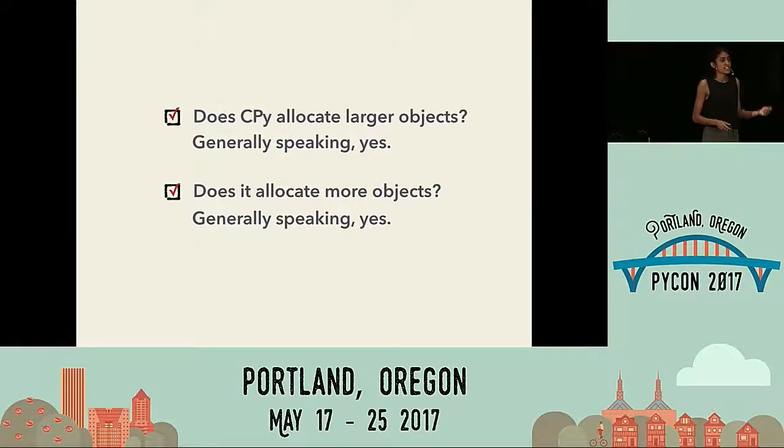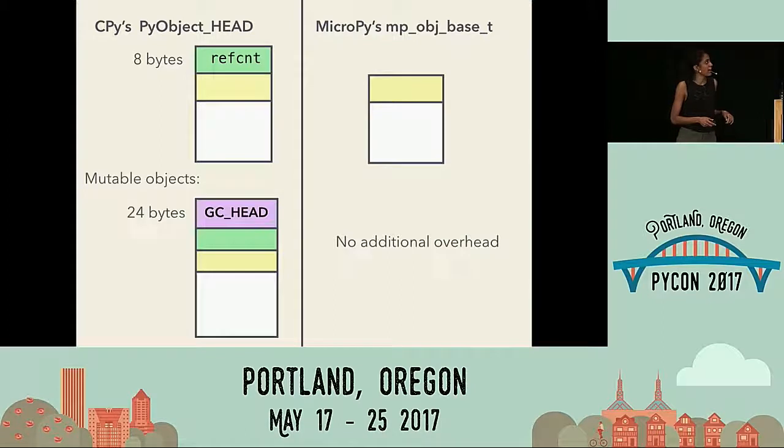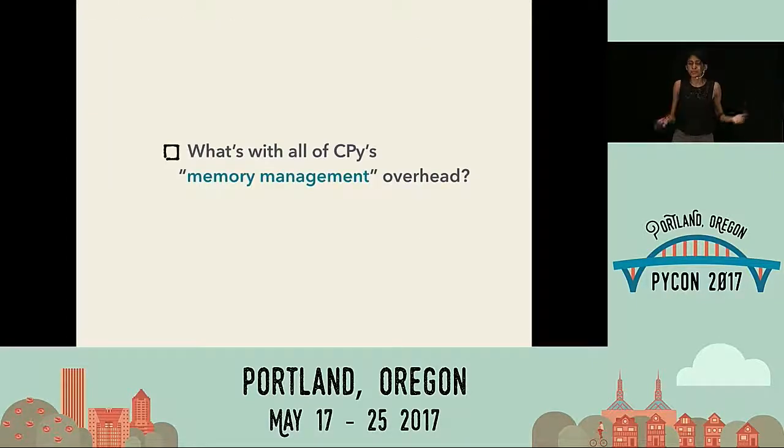Now it turns out that CPython and MicroPython both implement several optimizations to try and minimize the number of allocations, and we'll talk about it at the end if we have time. We likely won't, but ask me about it. Cool. So that said, we've answered the two questions we started out with, but I bet most of you have this burning question now, which is, what's with all of CPython's memory management overhead?